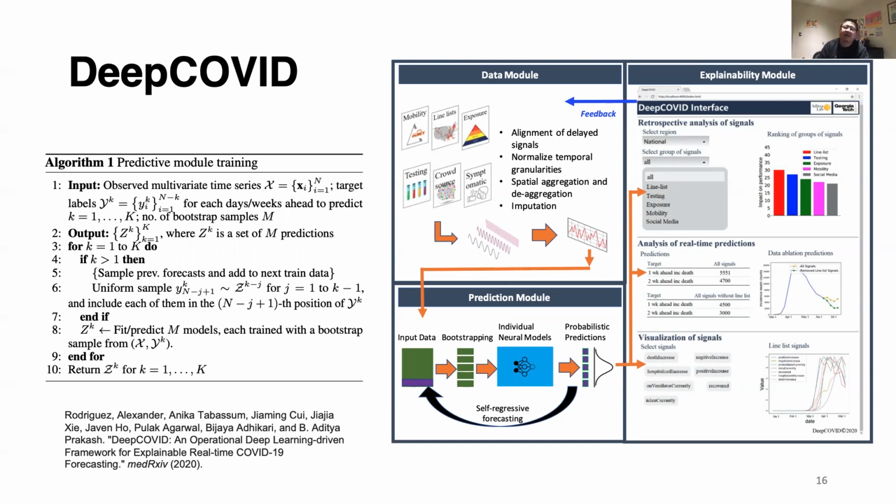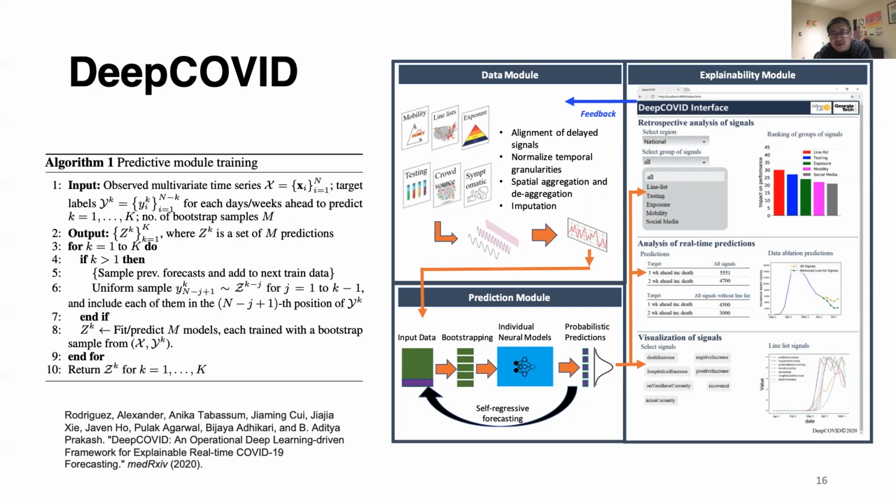On the other hand, there is also research that is trying to purely develop machine learning based models to achieve the same goal. And this is a work called Deep COVID. And the figure on the right shows the schema of the Deep COVID framework. It is for real-time COVID-19 forecasting, which includes several modules.